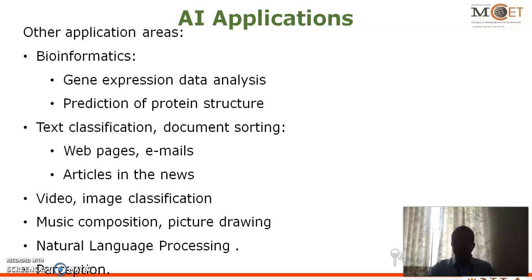Suppose we have images or video files stored, we can classify those files. We can also use artificial intelligence for music composition and picture drawing applications. It can also process natural language and perception, so it can have certain perceptions to solve those problems.